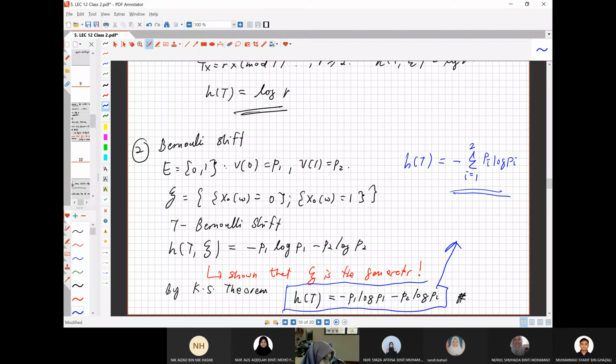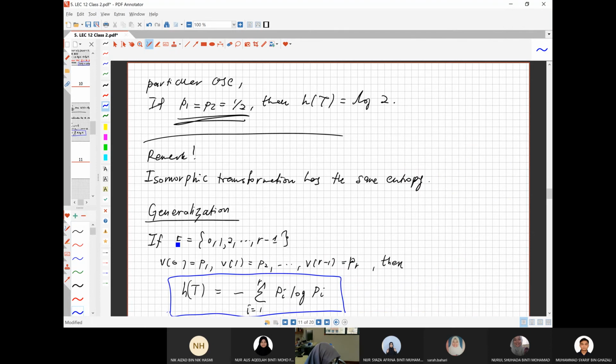So either you can write in this form or you can write in this form. Doesn't matter. Okay. So in general, kalau E ni ada R elements here, R elements, that means your entropy of the transformation is from 1 until R lah. So you will have minus P1 log P1 minus P2 log P2 until minus PR log PR, your HT. Okay.